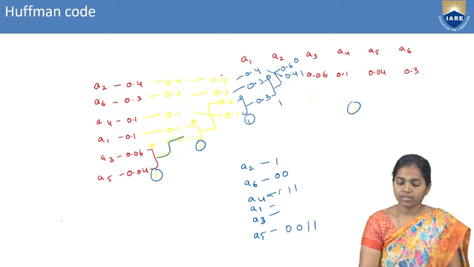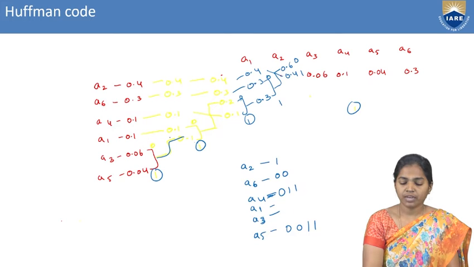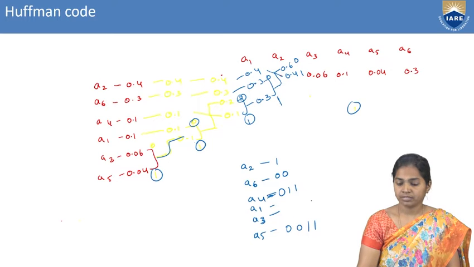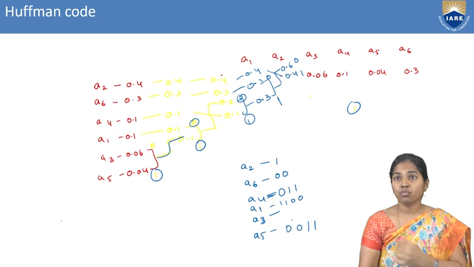For A4, we are going to represent with 3 bits. For A1, 0, 0, 1, 1, so A1 needs 4 bits.